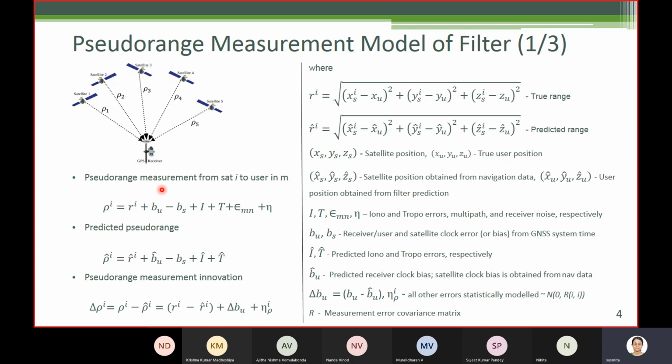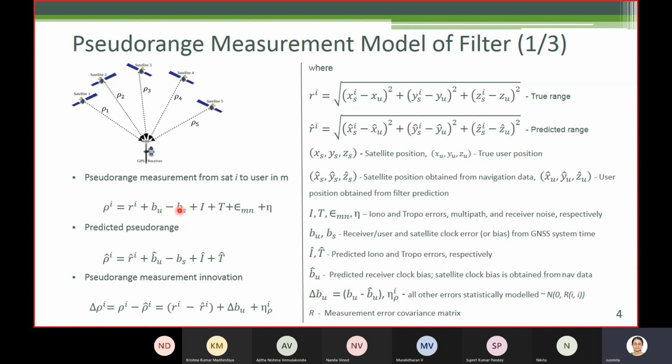The pseudo-range measurement from satellite i to user is given by this. We looked at this many times. R is the true range to the satellite. BU is the receiver clock error in meters. BS is the satellite clock error in meters. Since the receiver can eliminate this clock error, we will not consider this in our subsequent discussion, or in other words, we can account for it in later equations.